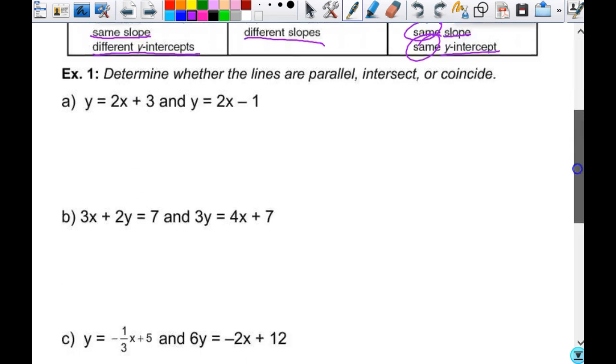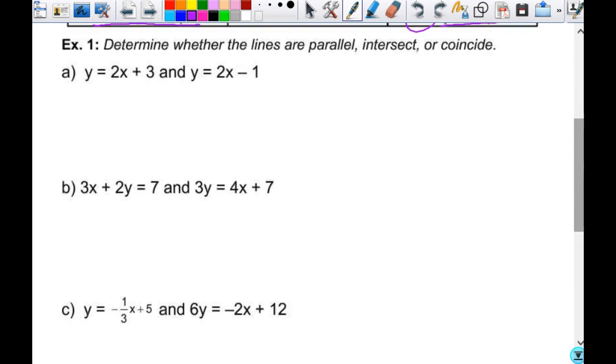It says determine whether the lines are parallel, intersect, or coincide. So we have these two lines. For each one of them, we're going to have to look at least at the slope and then maybe more past that. For this first line, what is the slope? 2. What is the y-intercept? 3. Then this one, what is the slope? 2.